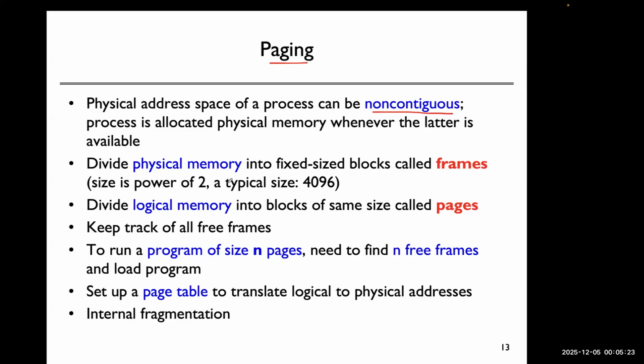What is the working principle of paging? Remember, we have logical memory and physical memory, logical addresses and physical addresses. Physical addresses are used to access the physical memory, which is the actual memory chip. Logical addresses only make up the logical address space.